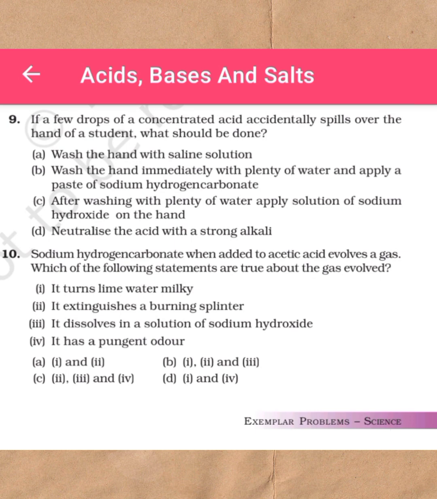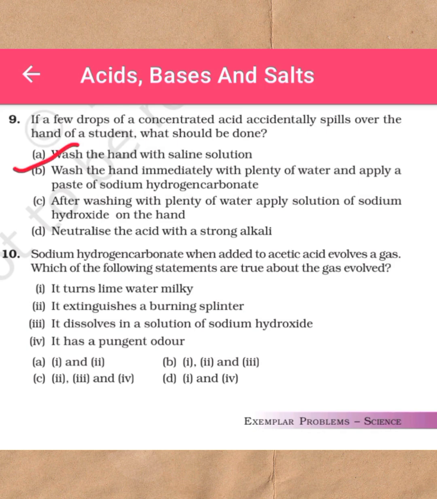Next question is question number 9. If a few drops of a concentrated acid accidentally spills over the hand of a student, what should be done? In case a chemical like a strong acid, that is a concentrated acid, spills on a student's hand.